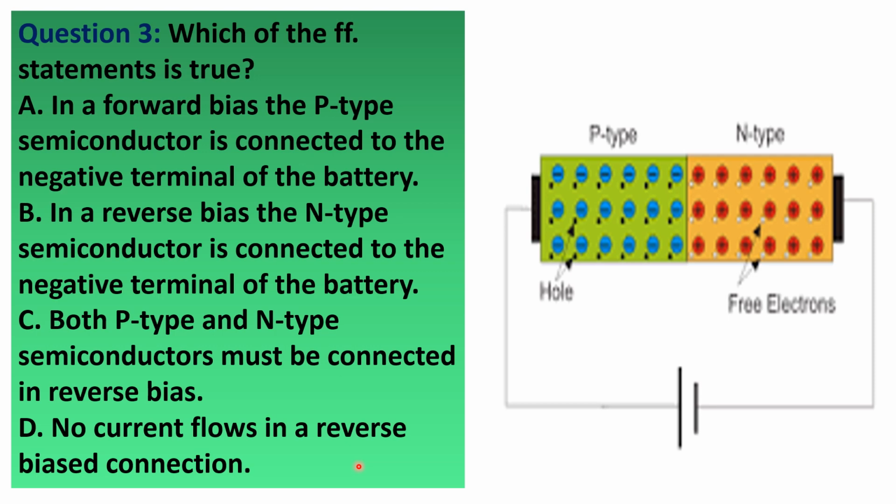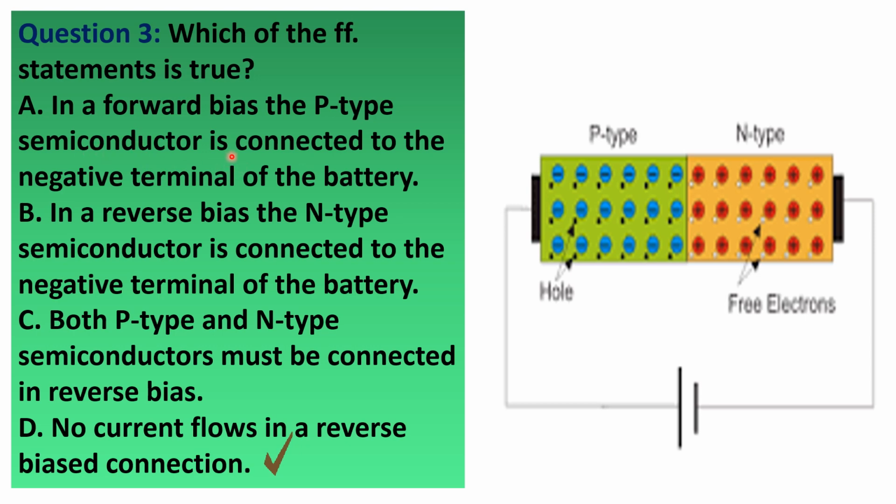Alright, so which do you think is the best answer? It is letter D. No current flows in a reverse bias connection. Letter A is incorrect because in a forward bias, the p-type semiconductor is connected not to the negative terminal, but to the positive terminal.